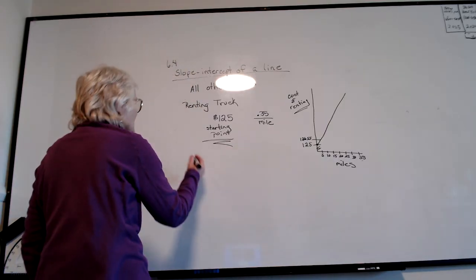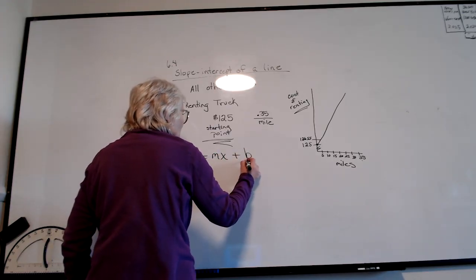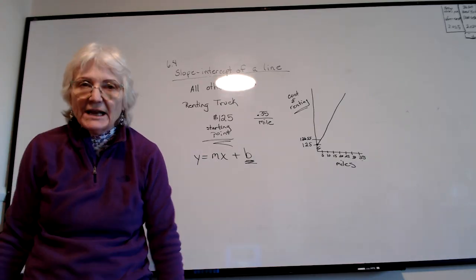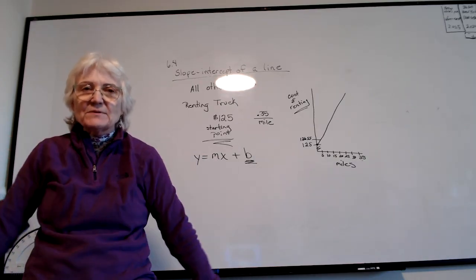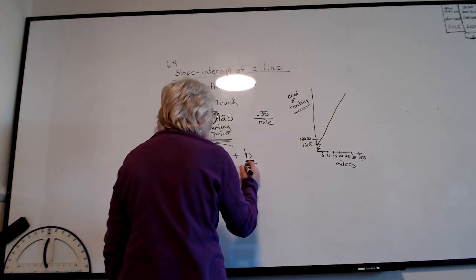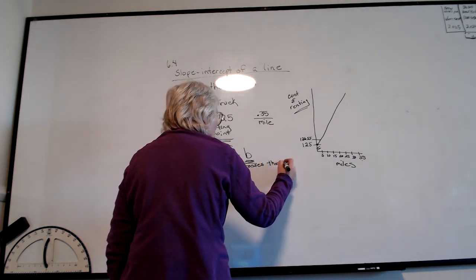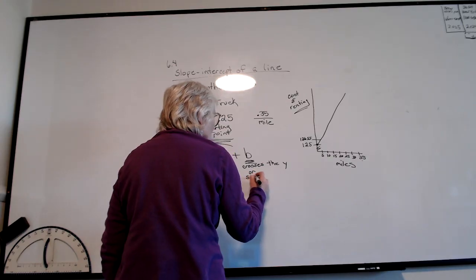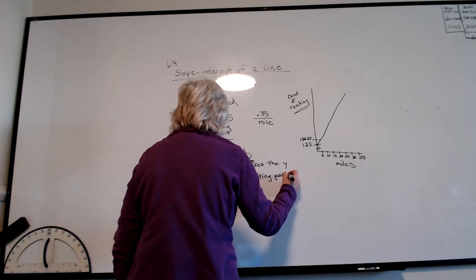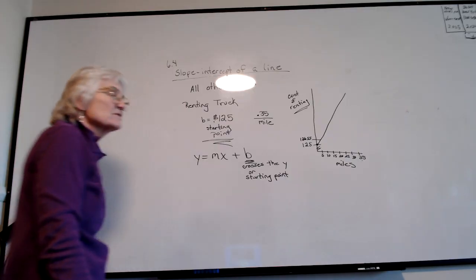Okay, so in this case, it's y equals mx plus b. B is, and don't ask me why B is the y-intercept, but it is. Accept it, memorize it, make sure you know. This is where it crosses the y, or the starting point. So in this case, this is B because it's our starting point.